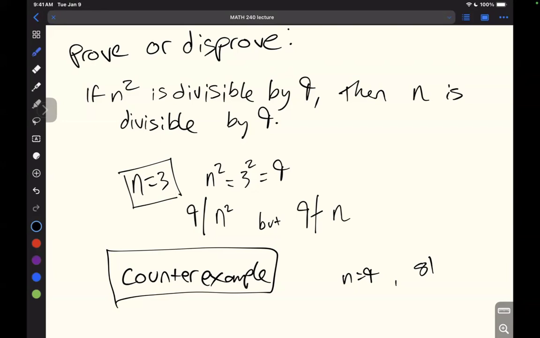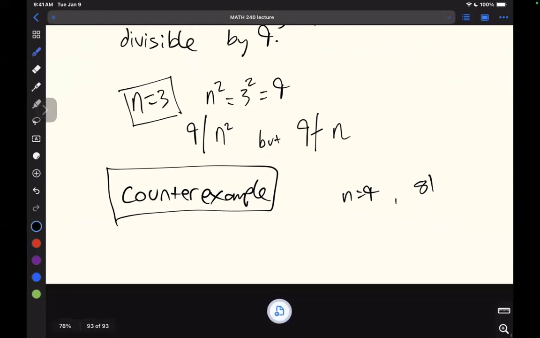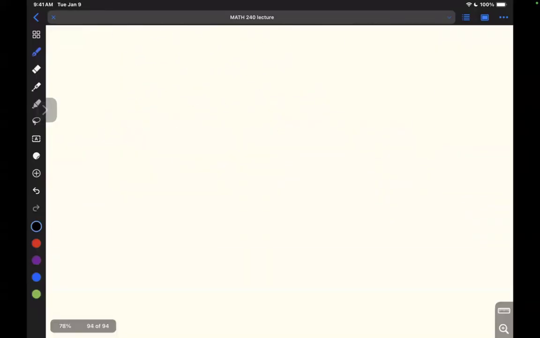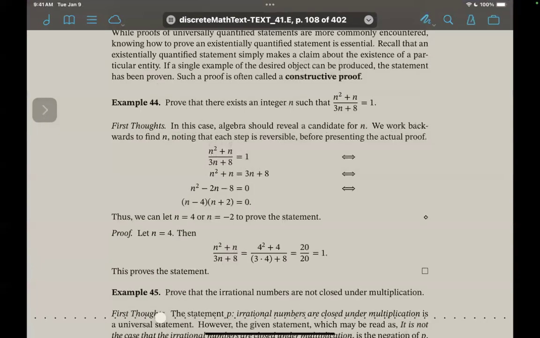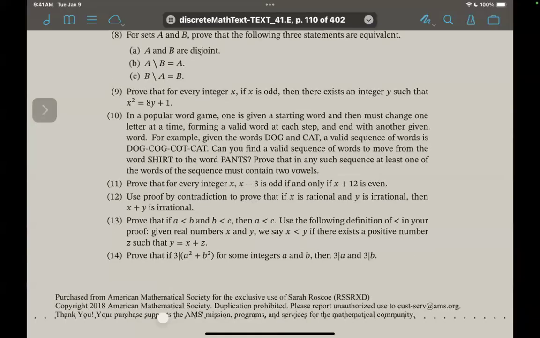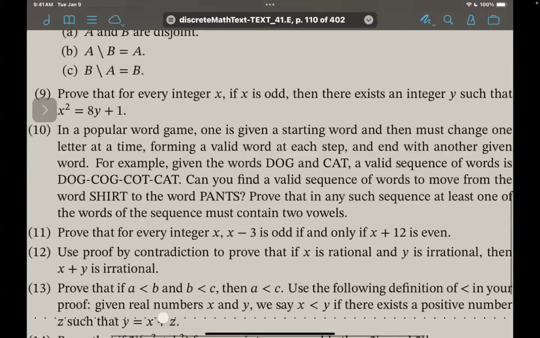All right, so we've got 4 minutes. I've got a fun question for you. This is on page 97, number 10.